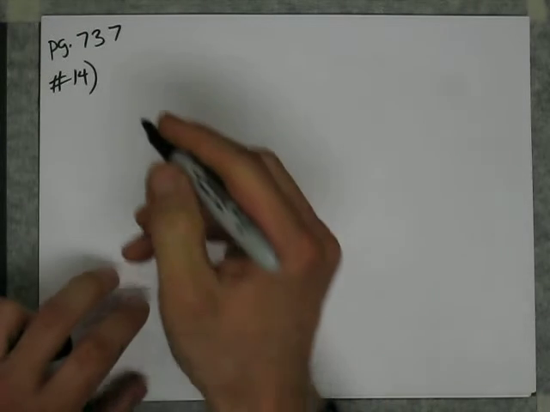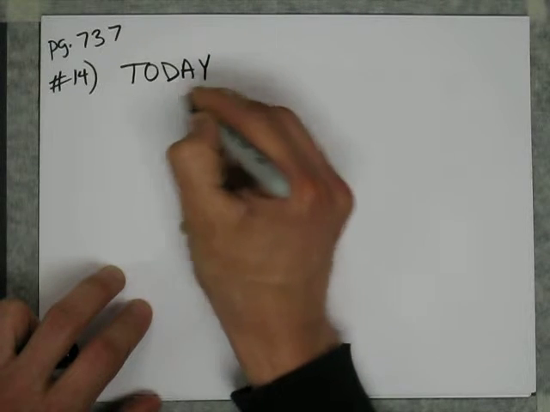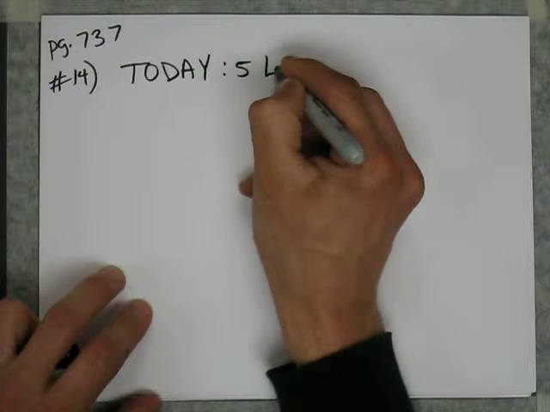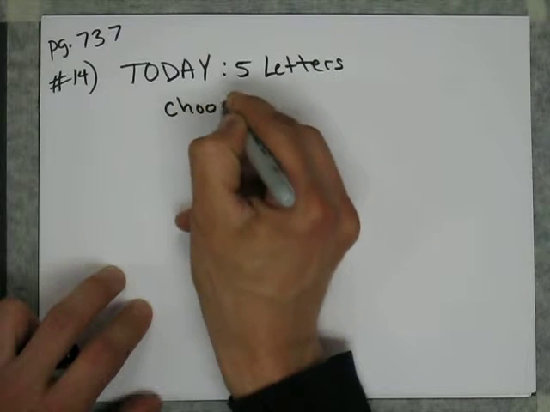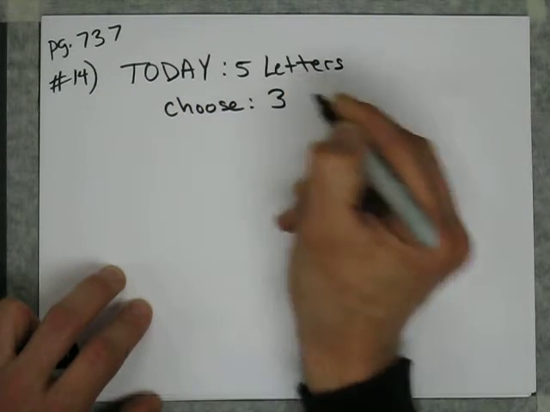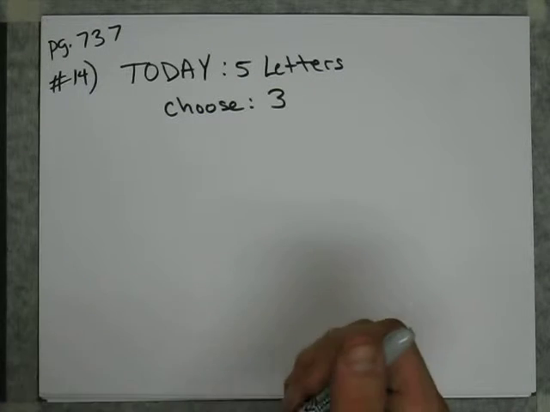Number 14 states: in how many ways can the letters of the word today be arranged using only 3 of the letters at a time? So you want to rearrange the word today, which has 5 letters. There's a total of 5 letters, and we are going to choose 3 of them. So there are a couple ways to do this.